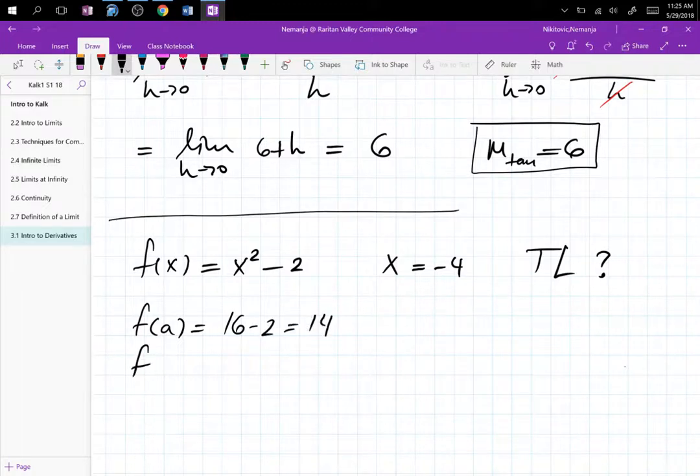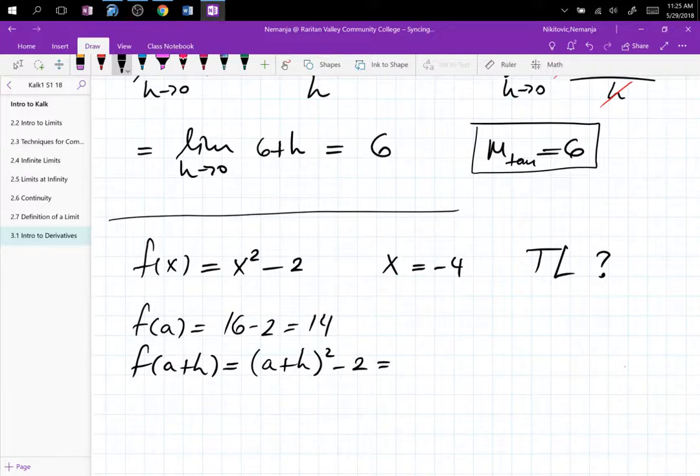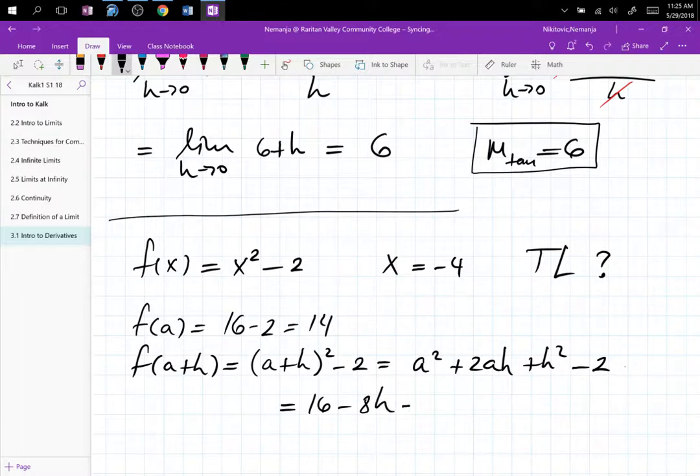Okay, and f of a plus h, that's going to be a plus h squared minus 2. That's a squared plus 2ah plus h squared minus 2. Which is what? 16 minus 8h plus h squared minus 2, for a total of 14 minus 8h plus h squared.